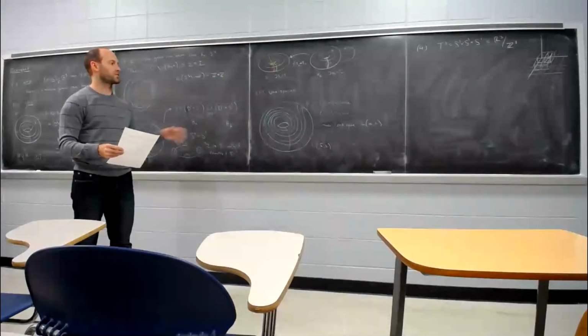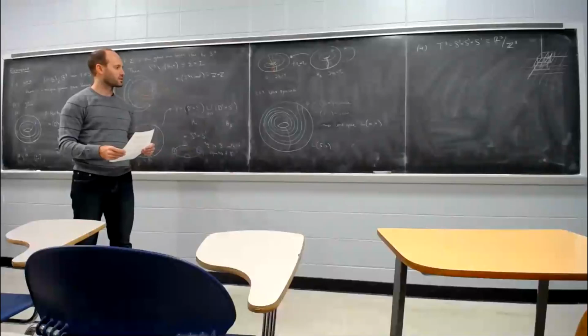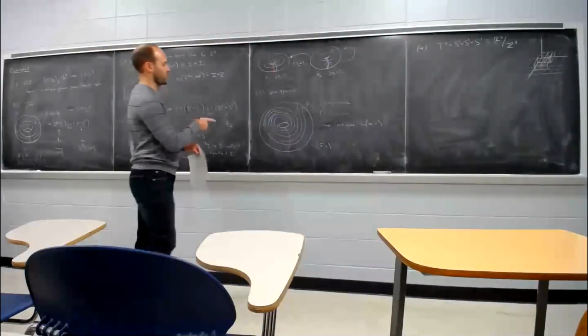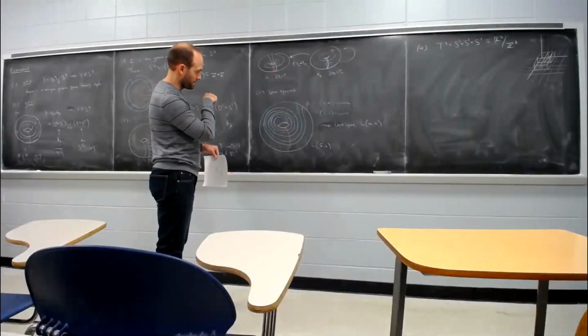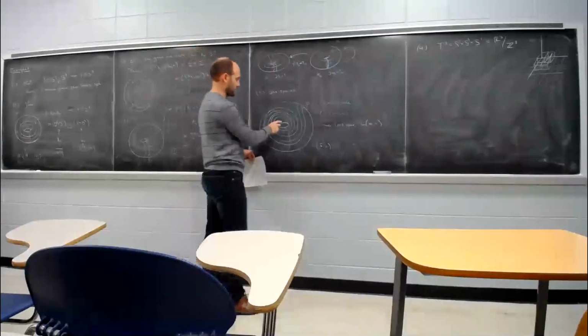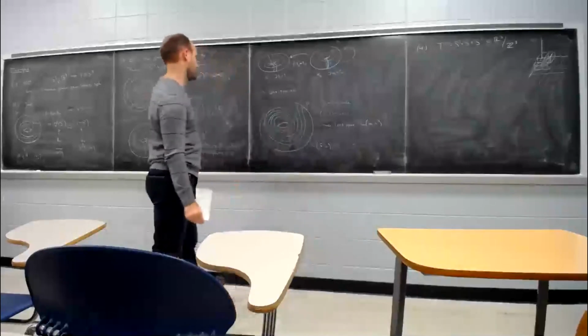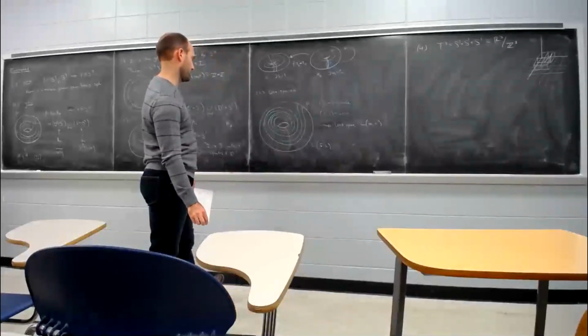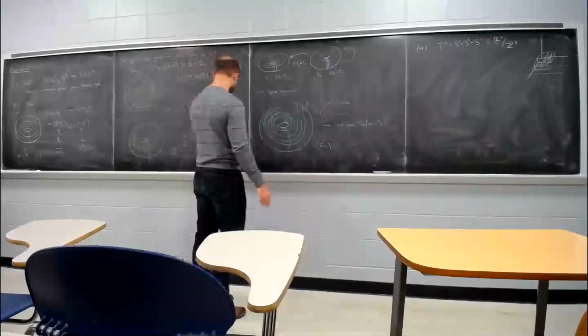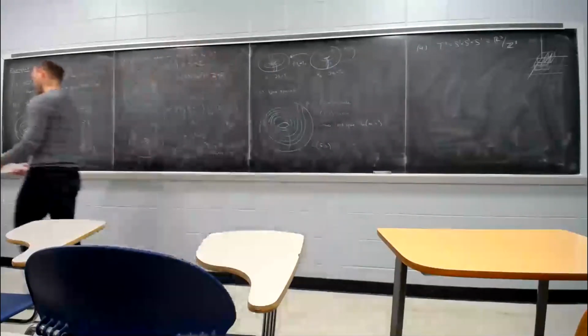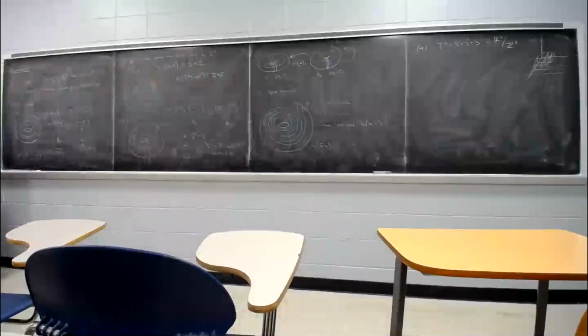Okay. But there's a minor issue that arises here. This is what you would see if you did surgery on this. What am I trying to say? That's right. I think you have it right. Yeah.